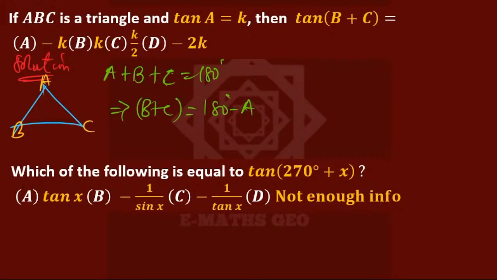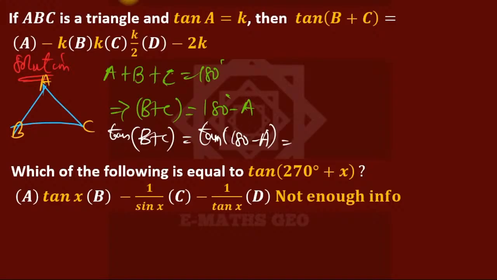Therefore, we're asked to find tan (B plus C), which is the same as tan (180 minus A), as we've shown since it's a triangle. Now, this is a second quadrant angle.